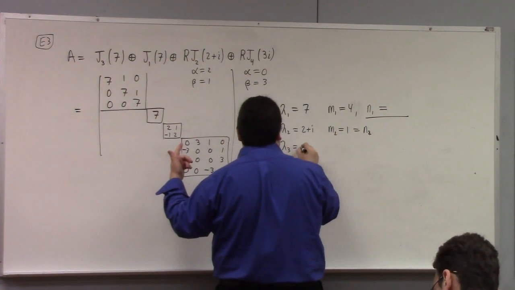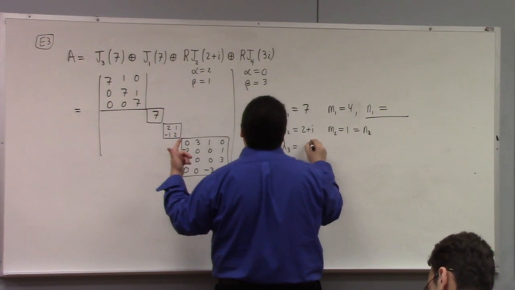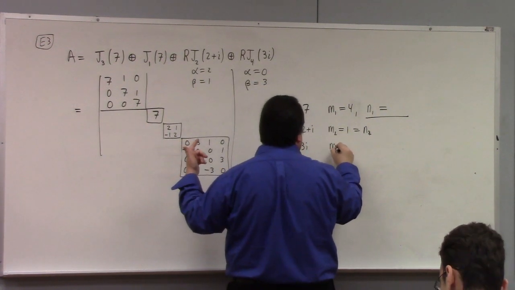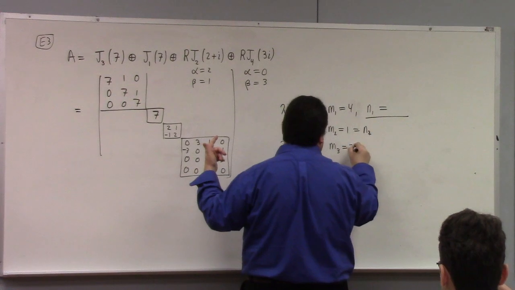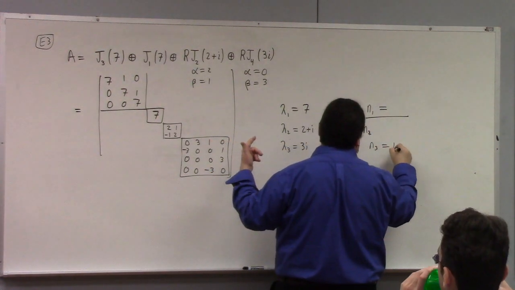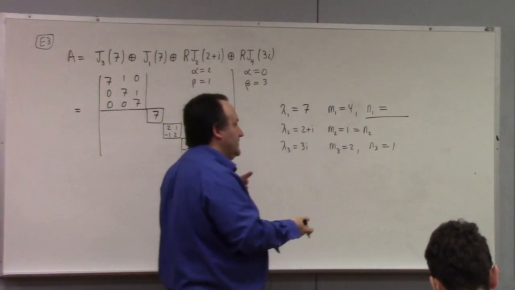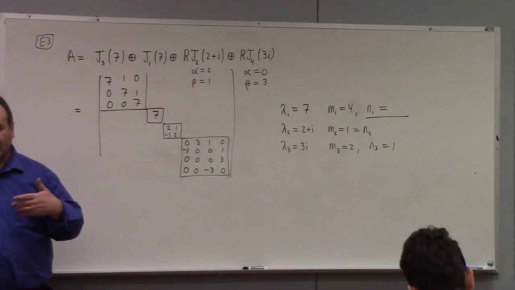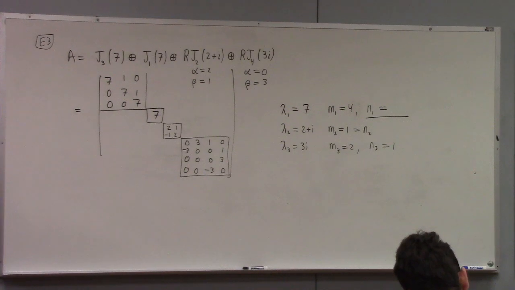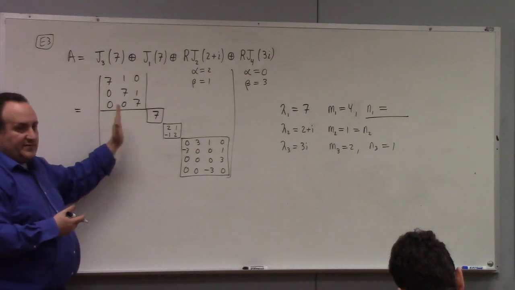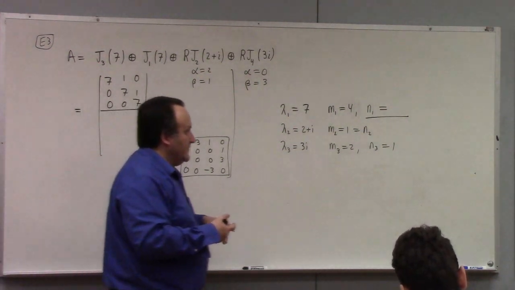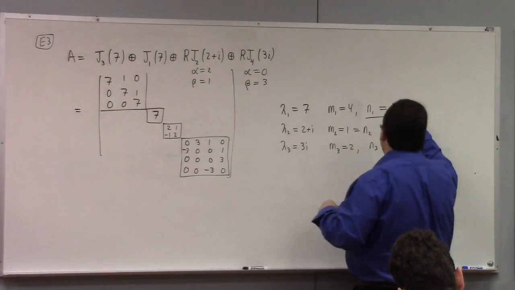And then lambda 3 is 3i. Here you have M3 equals 2, but N3 equals 1. So N was the geometric multiplicity, the number of linearly independent eigenvectors. Like, I only have 2 eigenvectors for this one, so the geometric multiplicity is just 2, right?